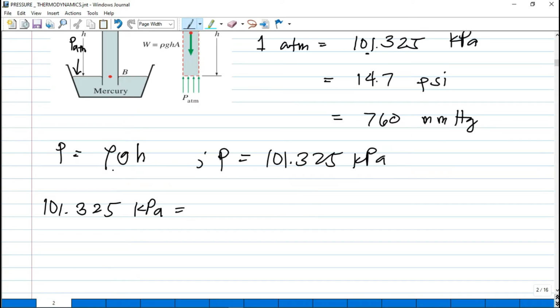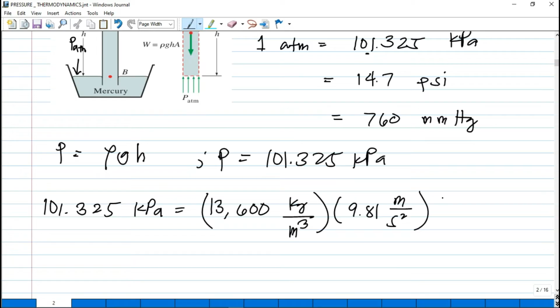What is the density of mercury? The density of Hg is given as 13,600 kilograms per cubic meter, which is the standard we use, times g, which is the standard 9.81 meters per second squared. Let's compute H. We should get 760 to prove this conversion.